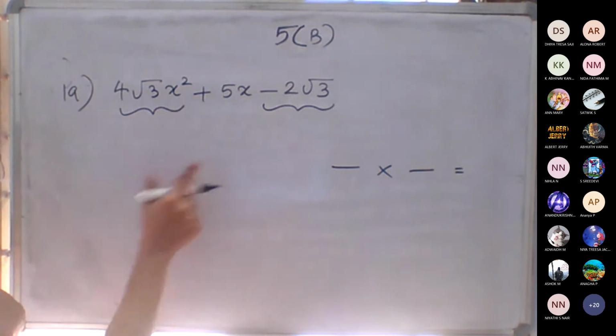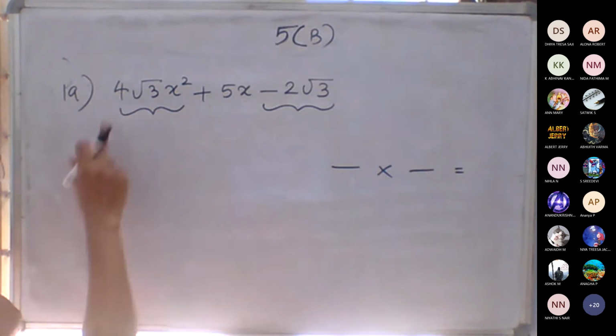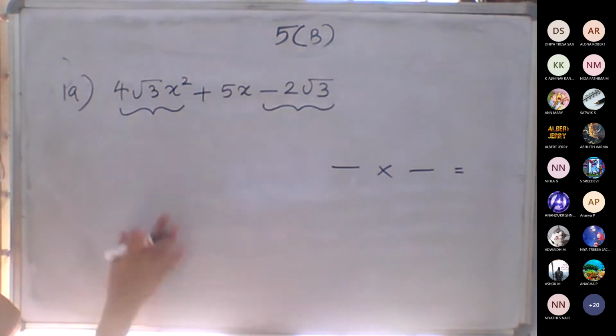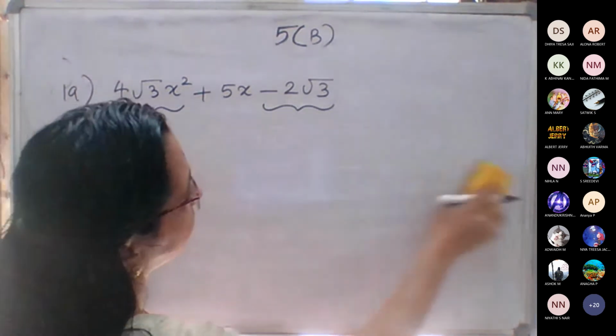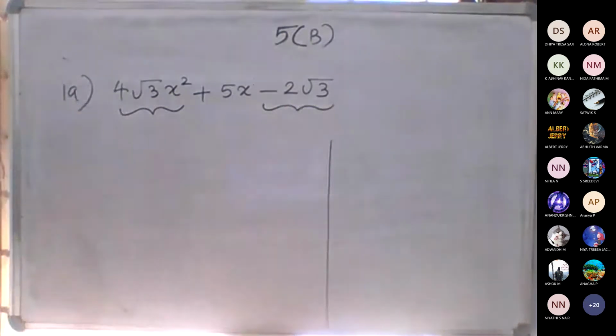So write the question in your notebook, then do this calculation in your working column itself. 19th question, first one, 4 root 3 x square plus 5x minus 2 root 3. Then working column. What we have to do?